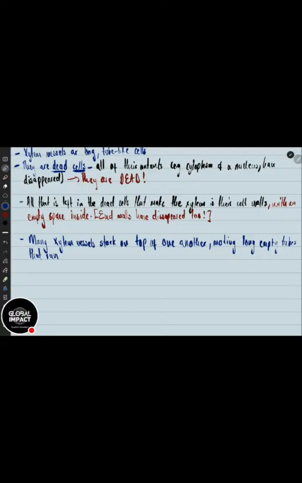Did you say that? Just say that they reach all the way from the roots up to the highest parts of the plants.